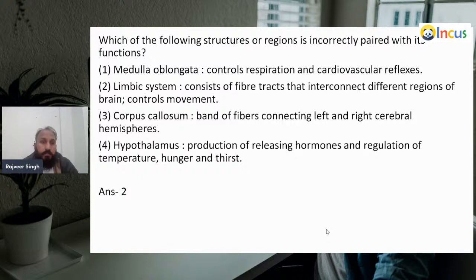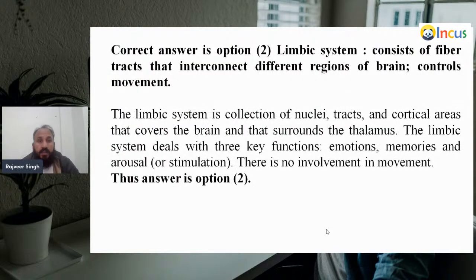Corpus callosum: bands of fibers connecting the left and right cerebral hemispheres. Hypothalamus: production of releasing hormones and regulation of temperature, hunger and thirst. So the limbic system is the incorrect pairing, the right answer.